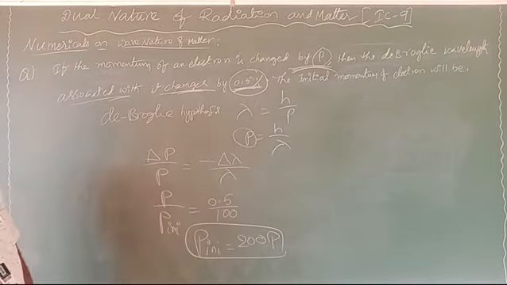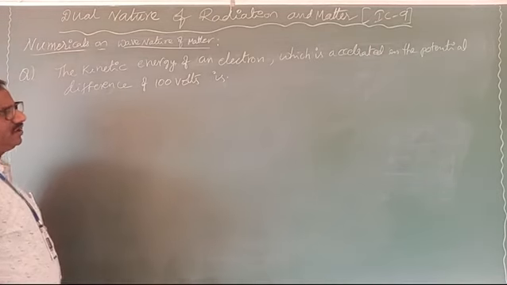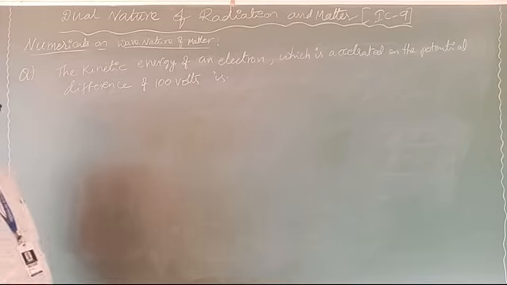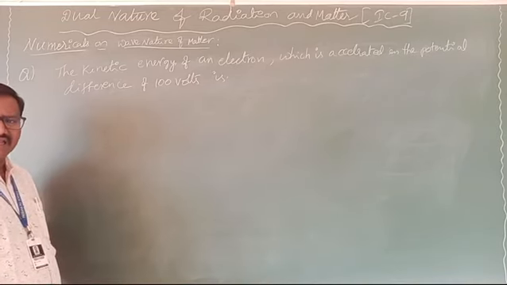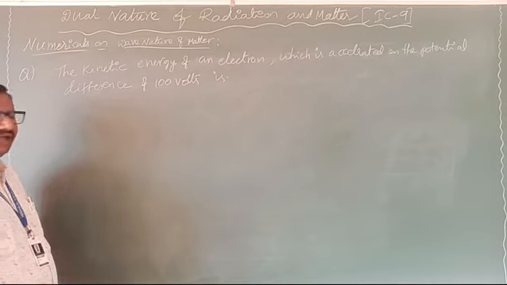Clear? See here, the kinetic energy of an electron which is accelerated through a potential difference of 100 volt. If a potential difference is applied, the electron gets accelerated, and then the electron will gain kinetic energy.